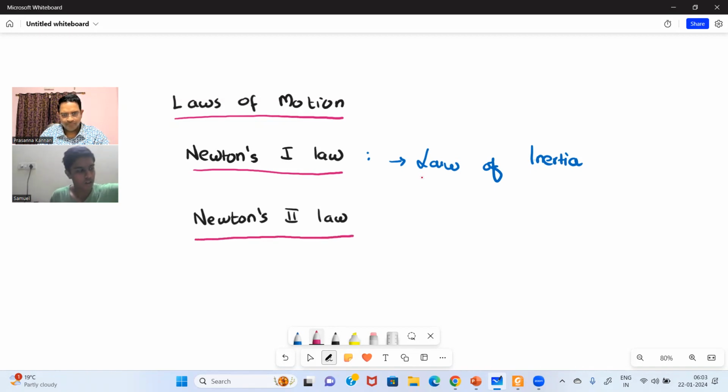Momentum. What is inertia depending on? For a body at rest, is there any momentum? No. But you are applying the law of inertia to a body at rest also, right? So how is it dependent on momentum? So what is inertia dependent on?